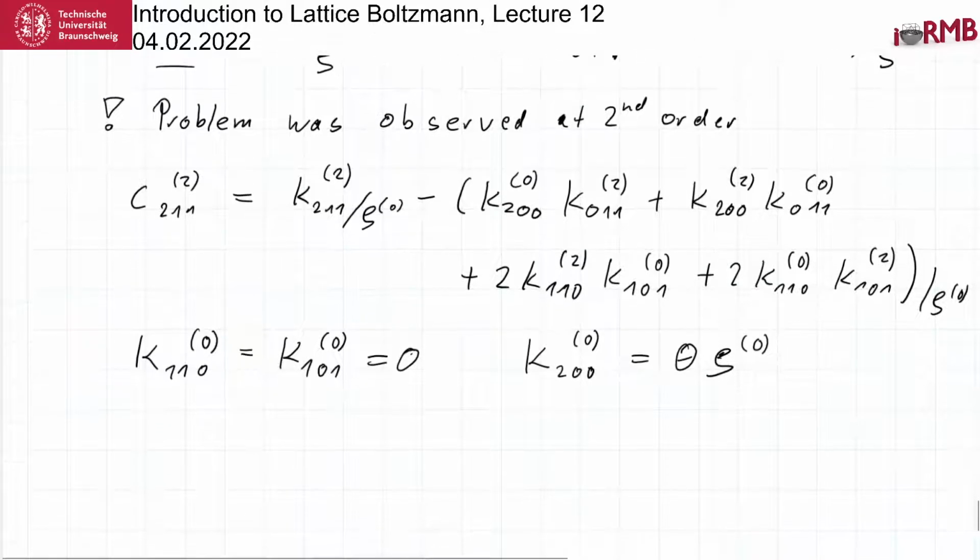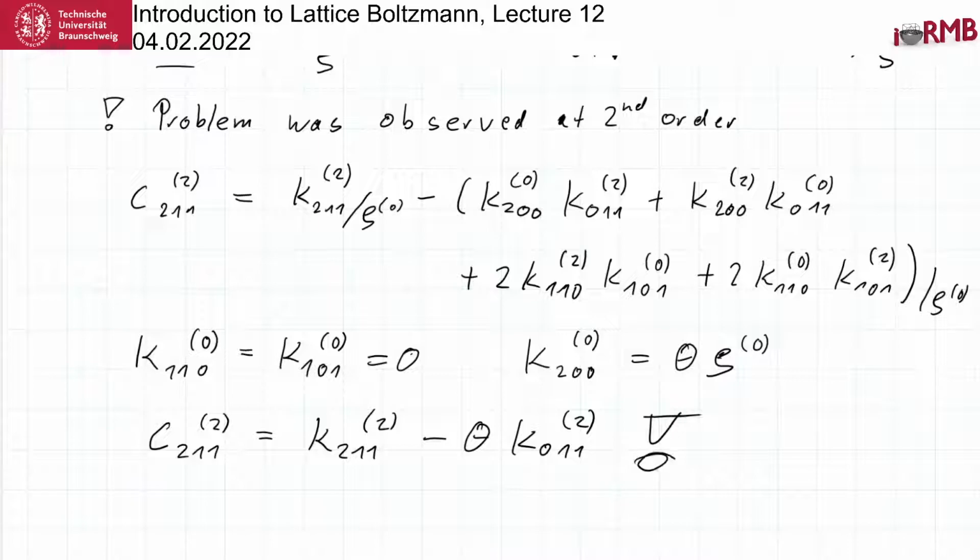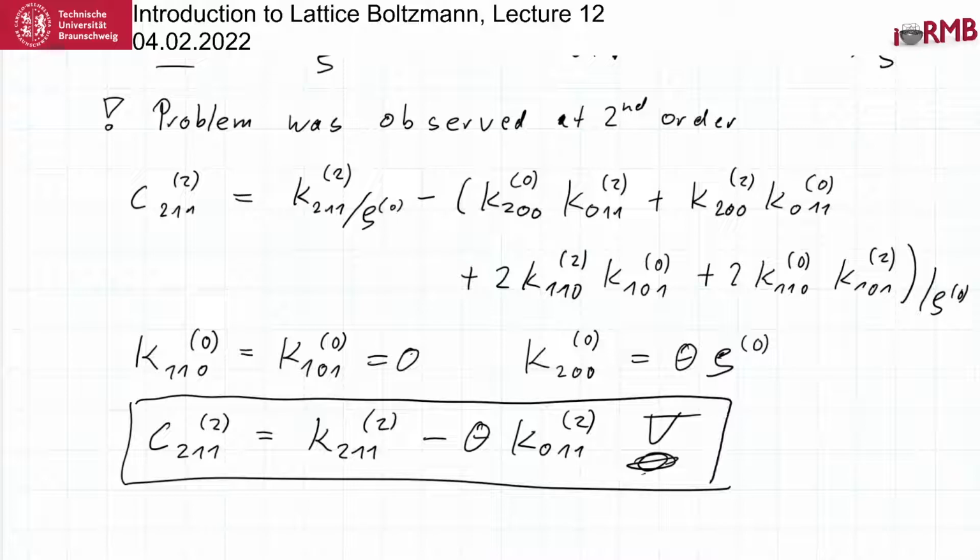If we plug this into the cumulant, what we're left with is C to the second order equals K211 to the second order minus theta K011 to the second order, which is exactly what we found to solve our problem.